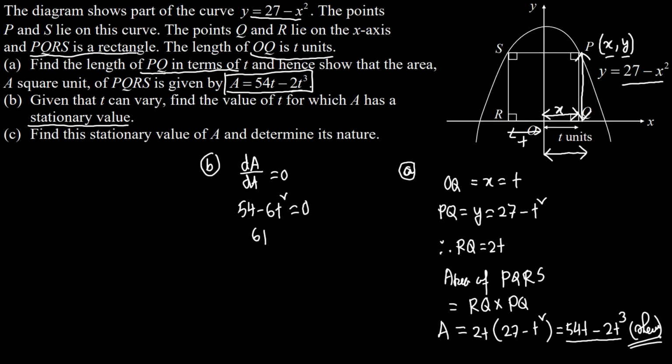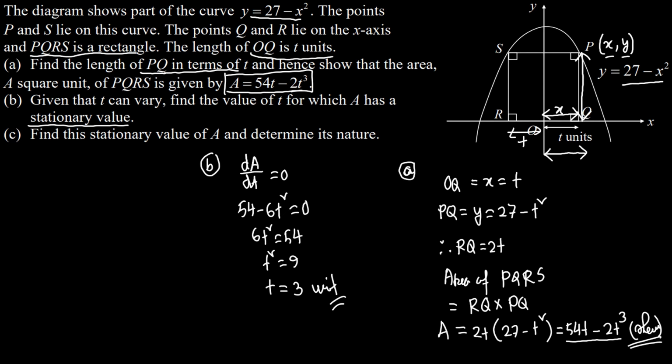So 6t squared equals 54, since 6 times 9 is 54. So t squared equals 9, and we get t equals 3 units. This is the value of t for the stationary point.